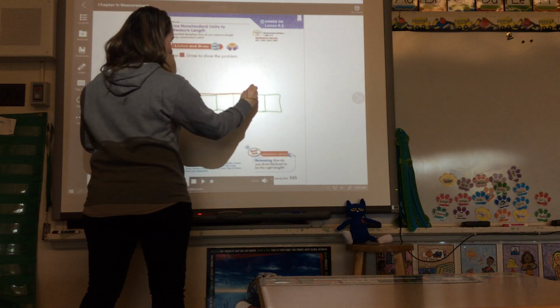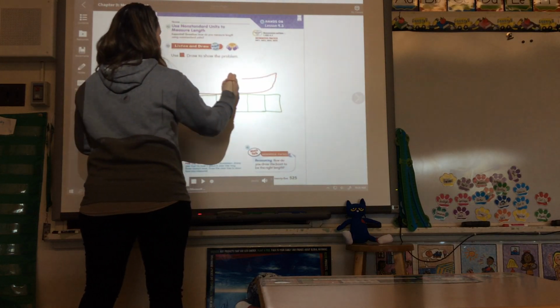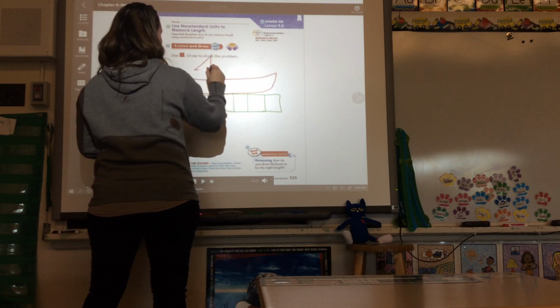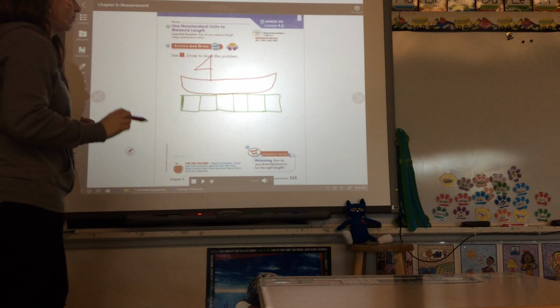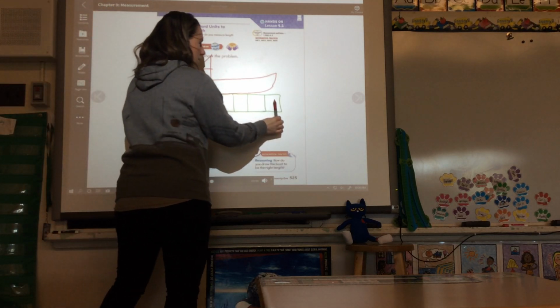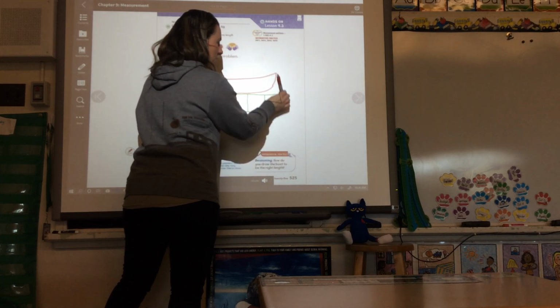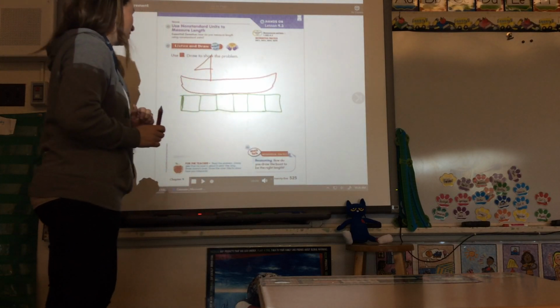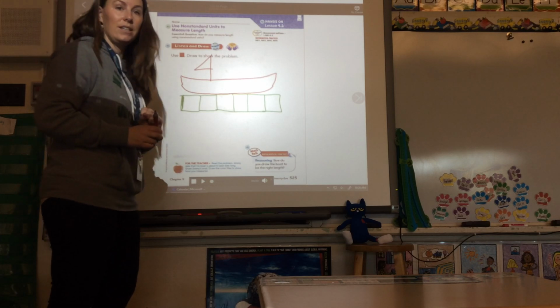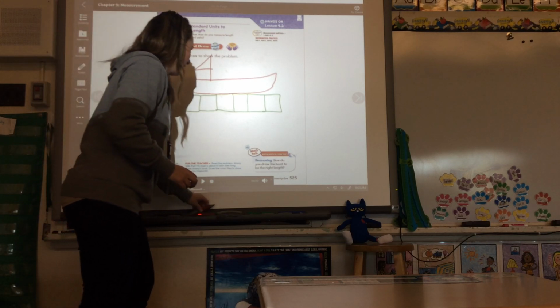Okay, here's my boat. And I might put a little sail on it. Okay, there's my boat. If I look at my boat, it starts over here. I stretched it about 6 color tiles long, so it's close to 6 color tiles long. All right. Hopefully you guys can draw a better boat than I can.